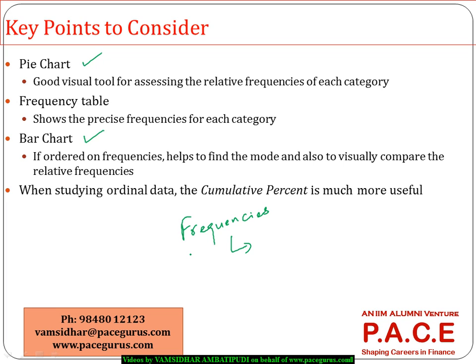Such kind of quick analysis can be done before we use them as a part of our next layered analysis, either for making conclusions or for making any further predictions based on the data. So this is a quick summary of doing an analysis on individual nominal and ordinal variables.